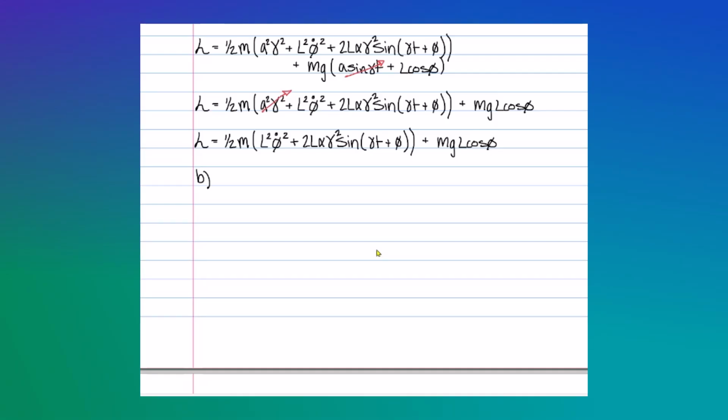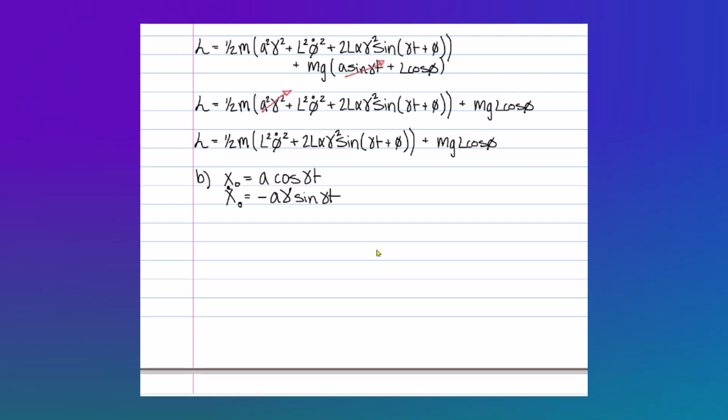Starting the next case, now we're looking at a horizontally oscillating support, which is slightly simpler than the case above, because now we only have x naught; y naught and y naught dot are both 0.